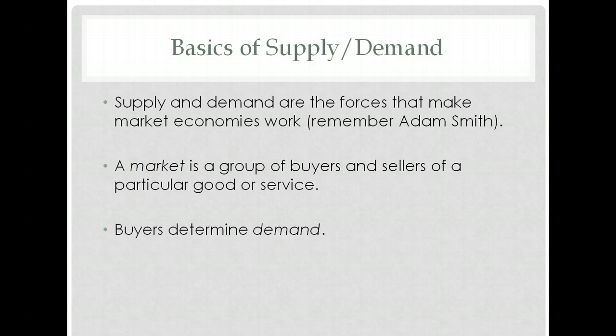In that situation, buyers determine demand, or we sometimes call them the demanders. The people who want things and are looking to purchase things are the demanders. People who are selling things or supplying things, we call the suppliers. They determine the supply curve.